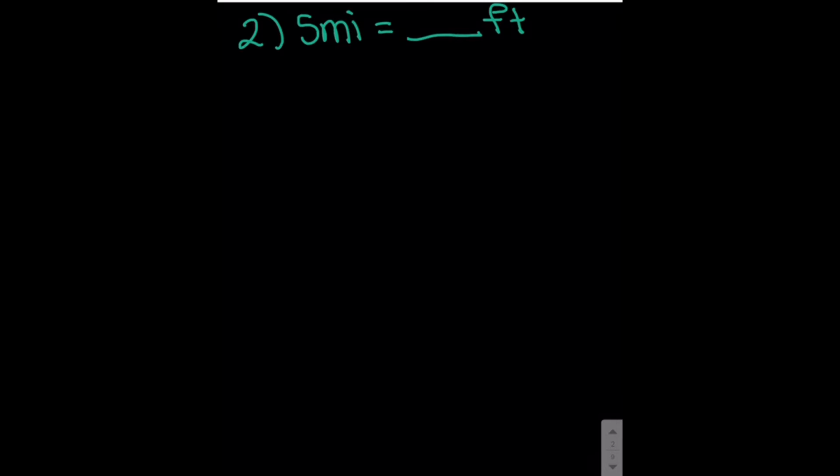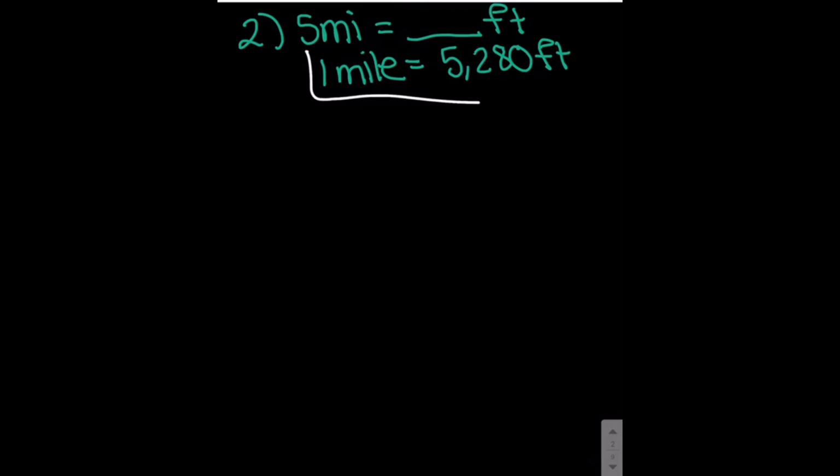So 1 mile equals 5,280 feet. If you did not know this, you probably would not have solved it right away. Usually if you get these harder ones, they would usually provide it on the side.